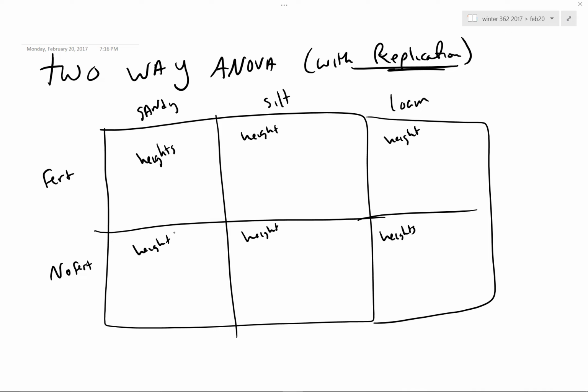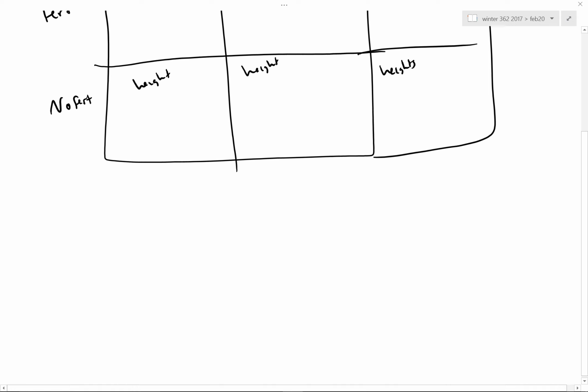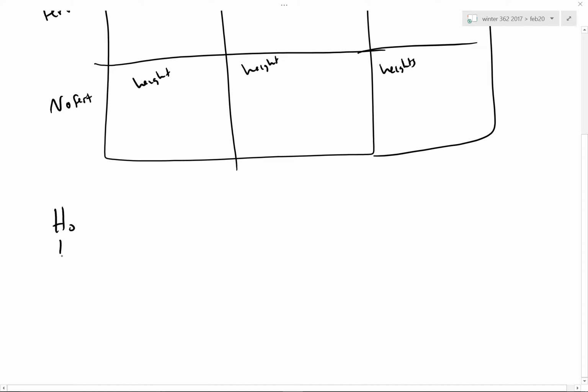So there's actually going to be 3 hypotheses. H naught: there is no difference in height due to soil type. And of course there is, or at least one is different.